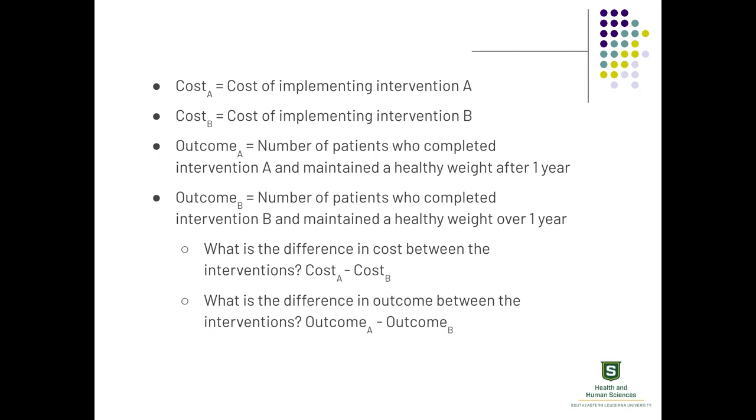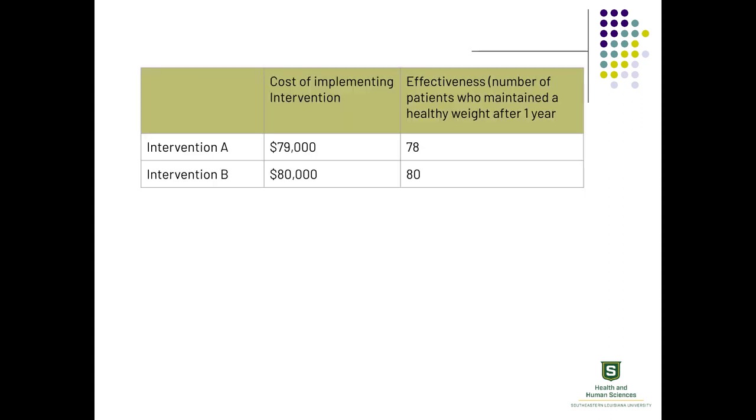And this is the data that you've collected, let's say, from previous studies that have looked at the costs of implementing those interventions. Let's say the average cost of implementing intervention A is $79,000, and the reported effectiveness is that an average of 78 patients maintained the healthy weight after 1 year.